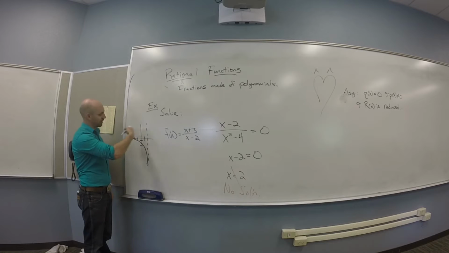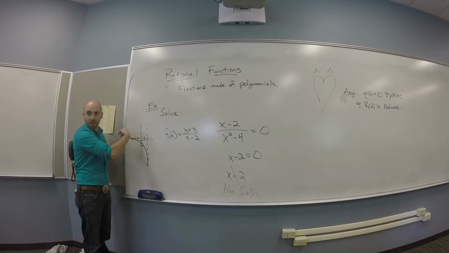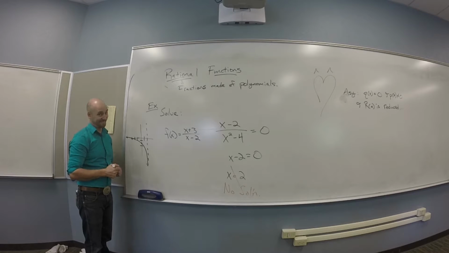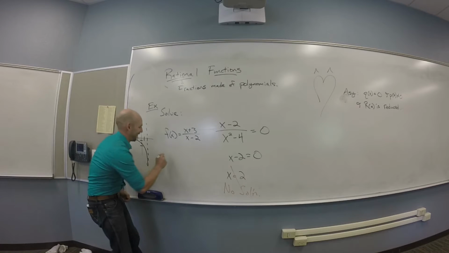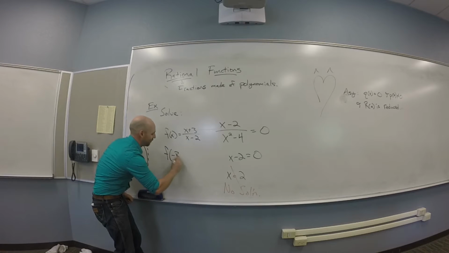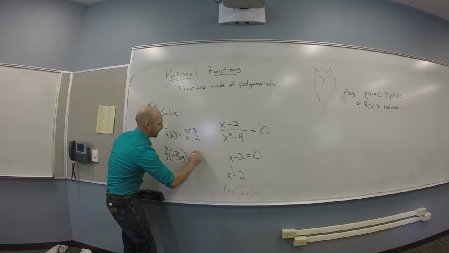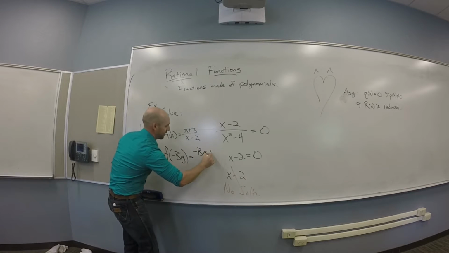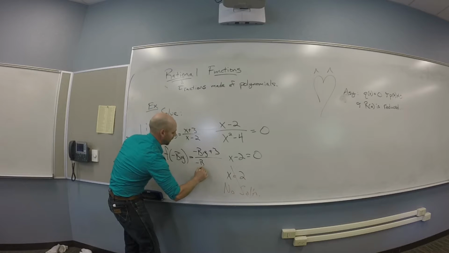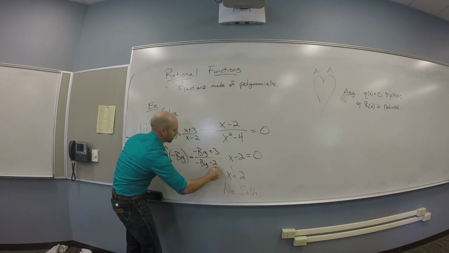Where does it go as I go this way? Like if I plug in really big negative numbers? And the other way. So f of negative big is going to be negative big plus 3 over negative big minus 2.